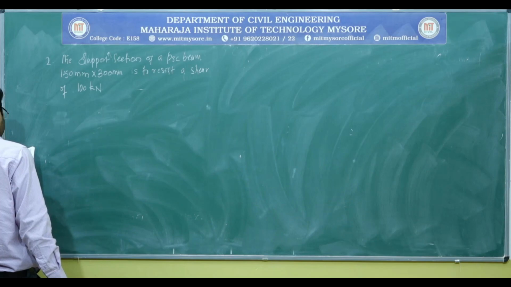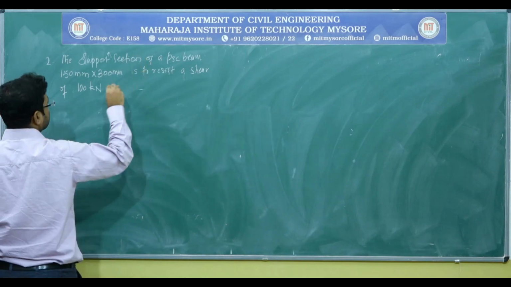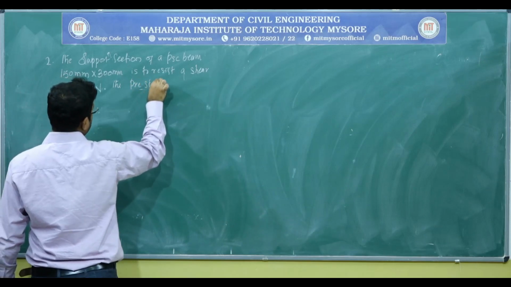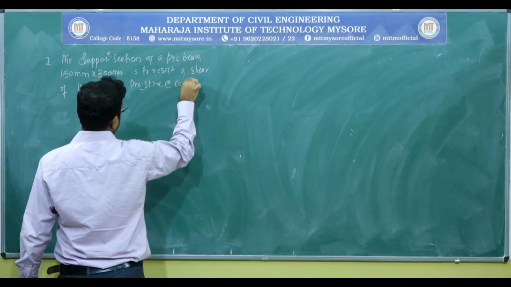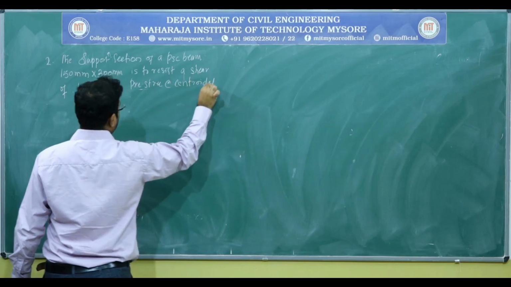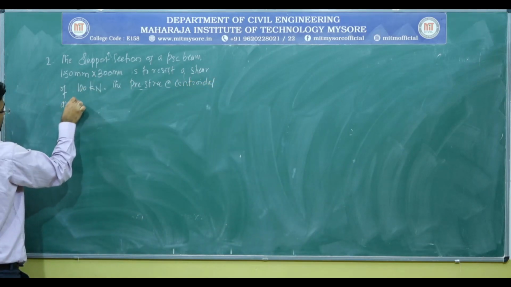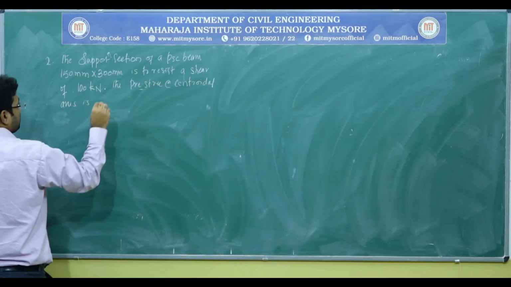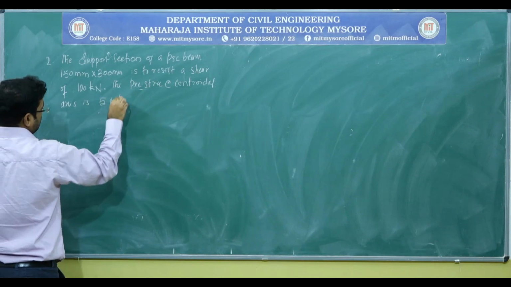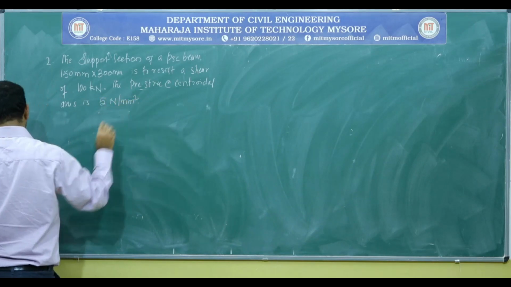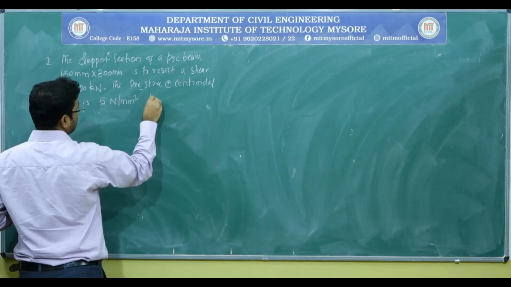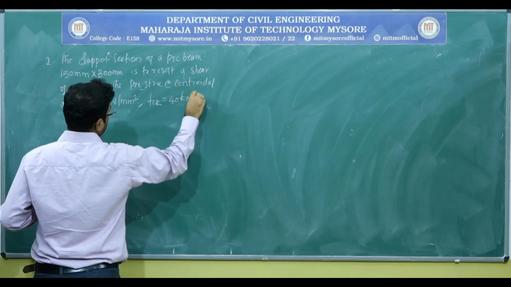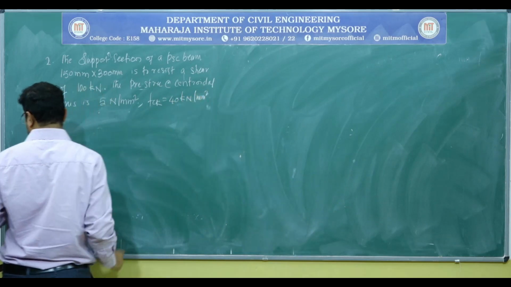The pre-stress at the centroidal axis, that is fcp, is given as 5 newtons per millimeter square. fck is 40 newtons per millimeter square.